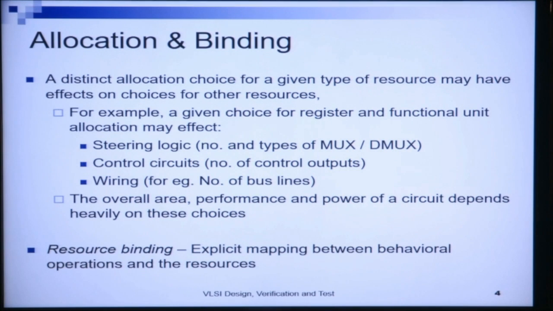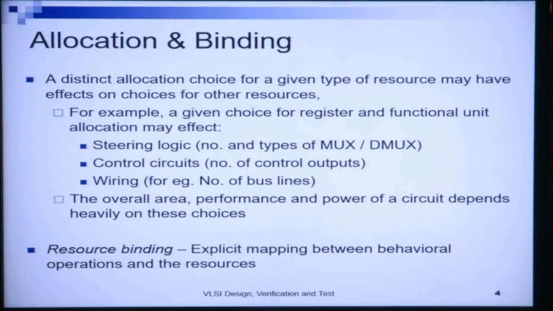Muxes arbitrate write accesses to functional units and registers. On the other hand, demuxes arbitrate read accesses from functional units and registers. So, the choice of which variables you have put on which registers, which operations you have mapped to which functional units, will decide the number of muxes and the types of muxes, a 4:1 mux or an 8:1 mux.